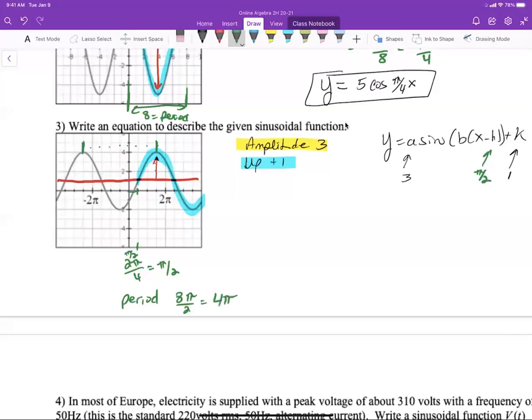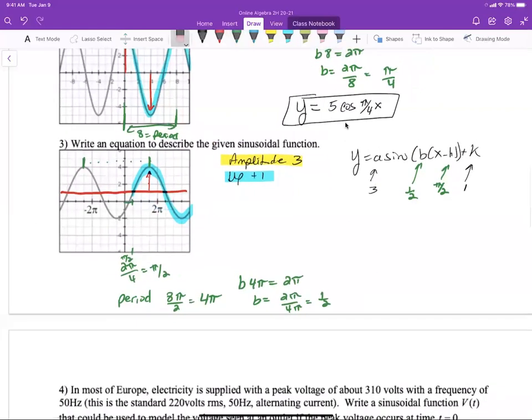And if I know the period, I can solve for b, right? How do I find b? I know that b times the period is equal to 2 pi. I solve for b, I get 2 pi over 4 pi, which will equal 1/2. So we just found the value of b.